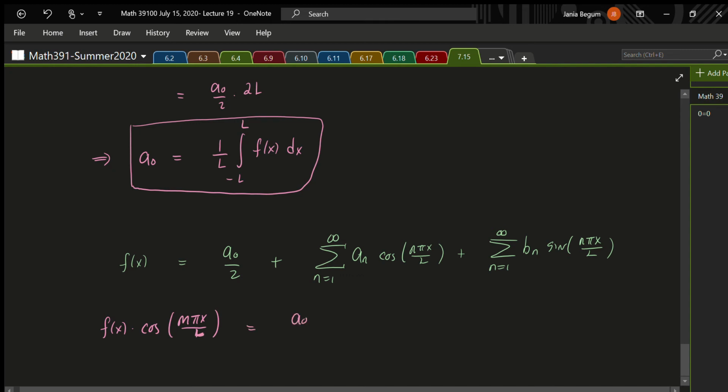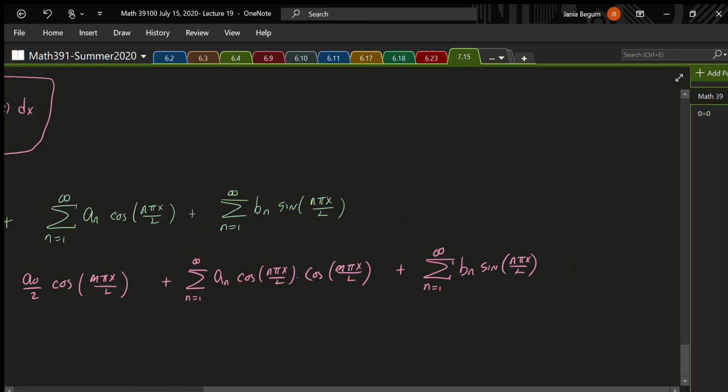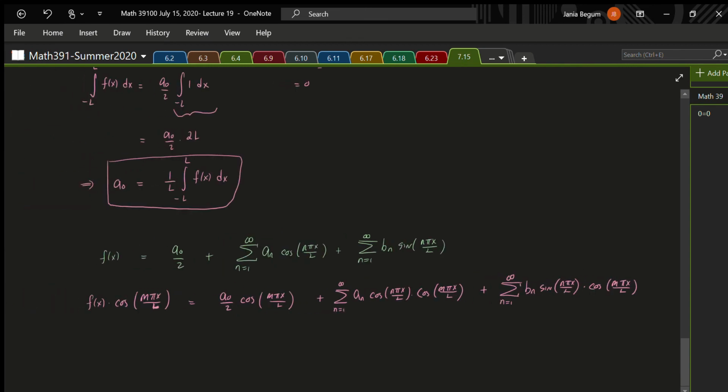This equals a0 over 2 times cosine of m pi x over L, plus the sum from n equals 1 to infinity of an cosine of n pi x over L, multiplied by cosine of m pi x over L. And for the second one, we put the sum from n equals 1 to infinity of bn sine of n pi x over L, multiplied by cosine of m pi x over L. Okay, so that's done successfully.